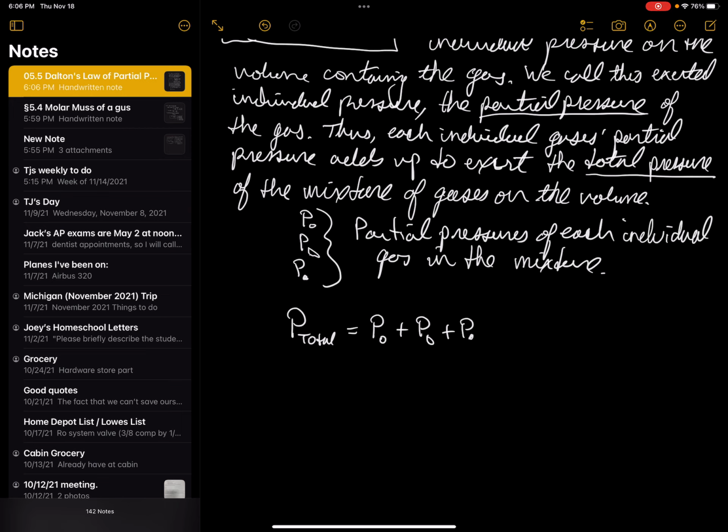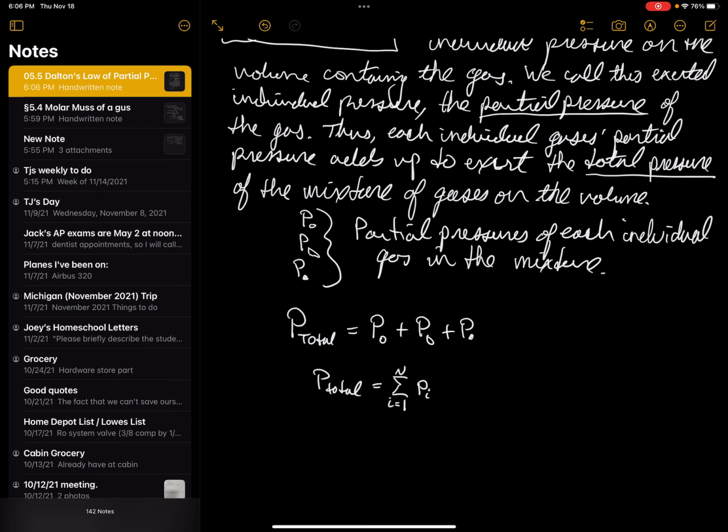Okay, so we can basically show that P total, to write it more mathematically or scientifically, if you will, is the sum from i equals 1 to n number of species of the partial pressure of each individual species, Pi.